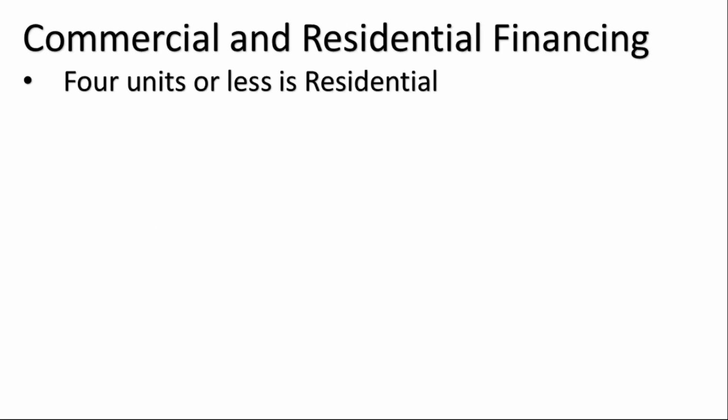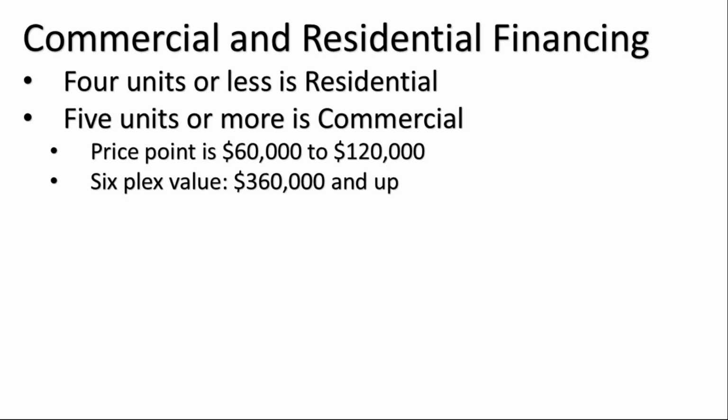Now, again, if you're looking at 4 units or less, that's going to be deemed to be residential, which is totally different than what we're talking about here today with respect to commercial. 5 units or more is deemed to be commercial, and this creates another challenge in the financing world. What we're going to be talking about here today doesn't necessarily mean that it can only be applied to commercial.